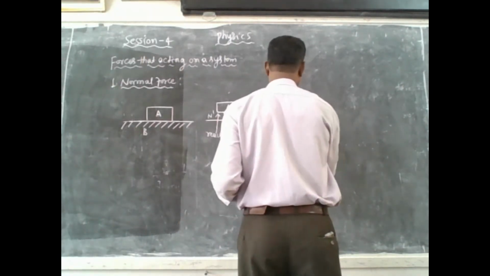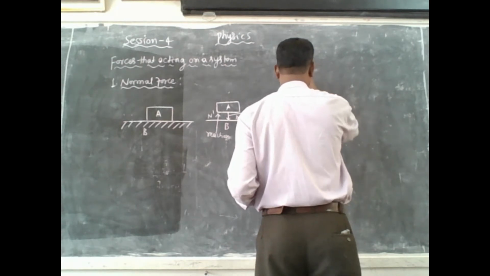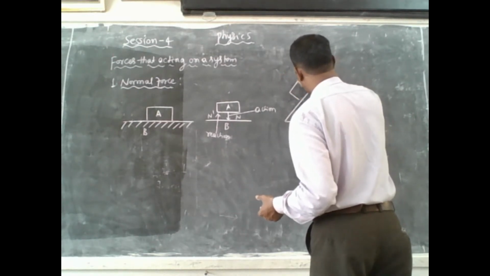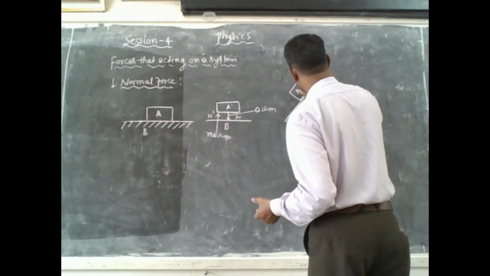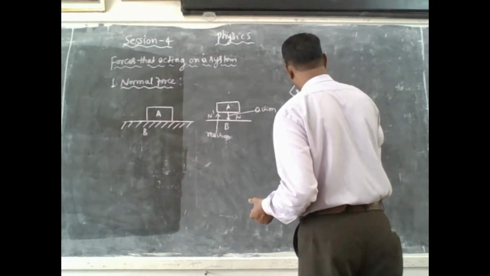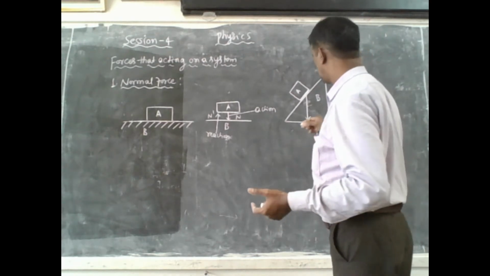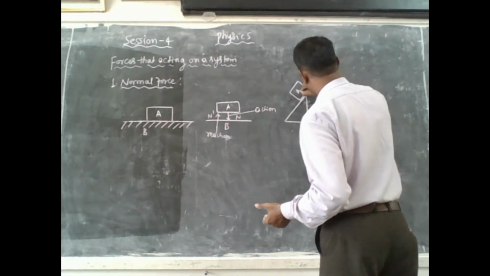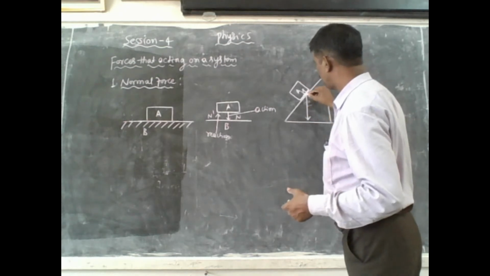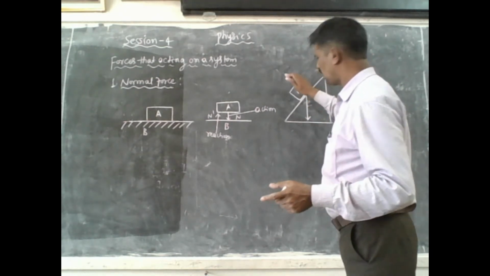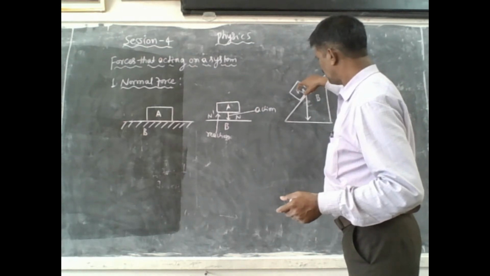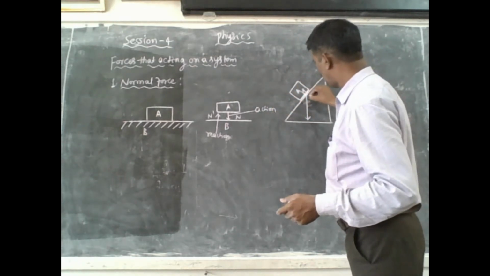One more example is the inclined plane. The body is directed normally on the inclined plane, and the inclined plane also acts with the same amount of force on body A, directed in the upward direction, while the body's force is directed downward.